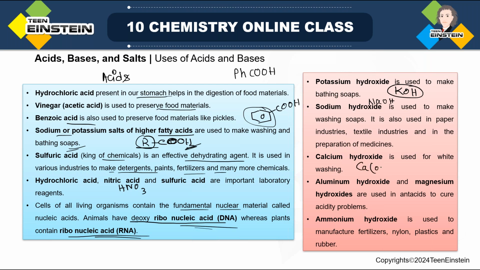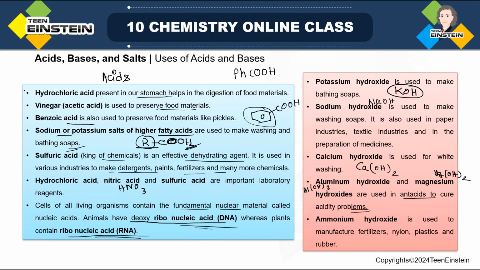Calcium hydroxide, Ca(OH)2, is used for whitewashing. Aluminium hydroxide is Al(OH)3, because the oxidation state of aluminium is 3 plus, so three OH are required. And magnesium hydroxide has the formula Mg(OH)2, because magnesium has a 2 plus charge. They are used in antacids to cure acidity problems.